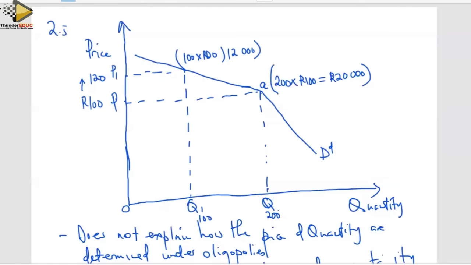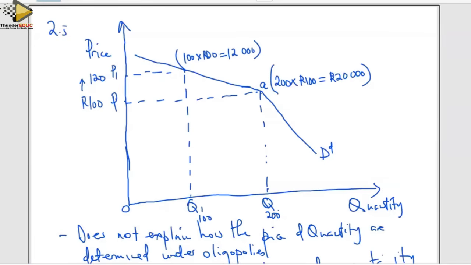You see? So this business has lost revenue. It was gaining 20,000 by selling at a price of 100, but the moment it raises its price, it is getting 12,000 revenue. So it is a loss of revenue of 8,000.